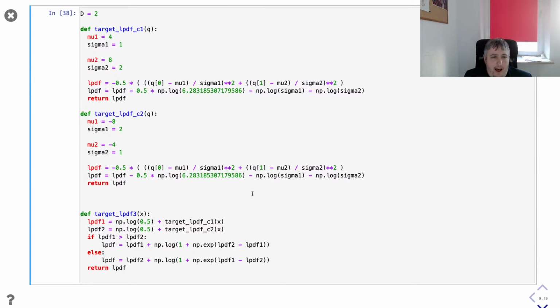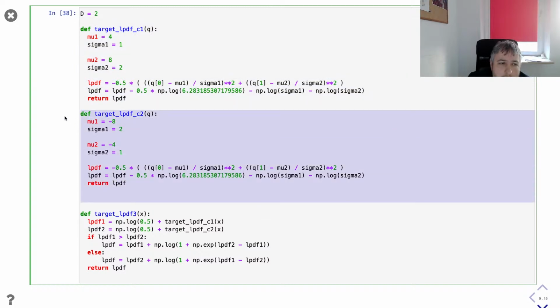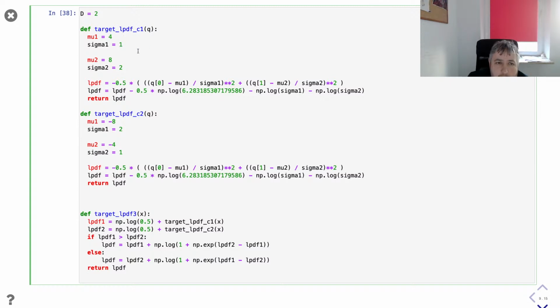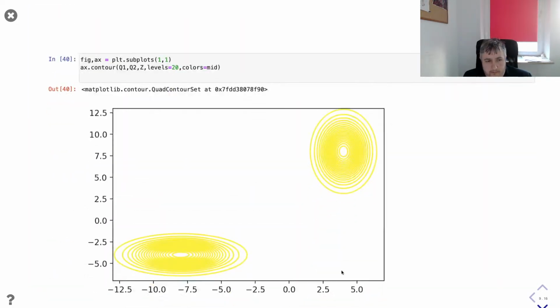Okay. And then we'll make a third example, where we create a mixture of two normal distributions. One is centered at 4 and 8 with uneven standard deviations, and the other one is centered at -8 and -4 for each of the variables, and we just create an even mixture of those distributions.